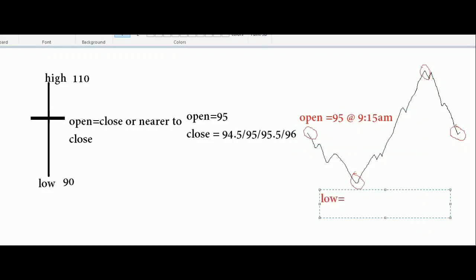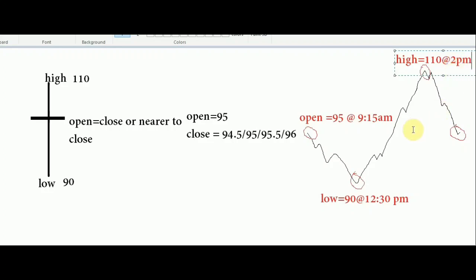Low is equal to how much? 90, say at 12:30 p.m. This is the highest point. High is equal to 110 at, you can say, 2 p.m. This is the closing point.